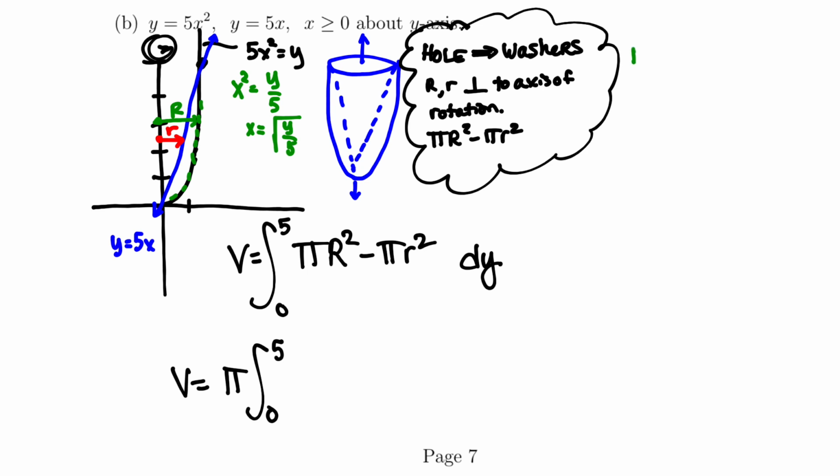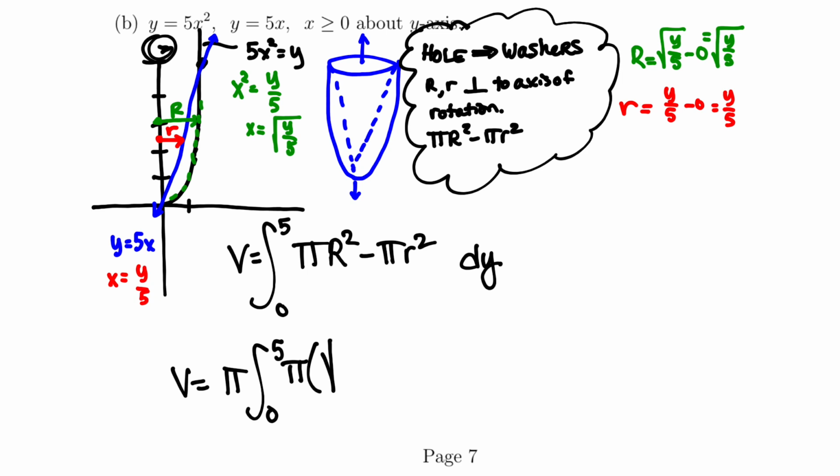My big radius is the square root of y over 5 minus 0, or just the square root of y over 5. My little radius is just y over 5 minus 0, or just y over 5. And so when I put them in my problem, big radius is square root y over 5 squared.